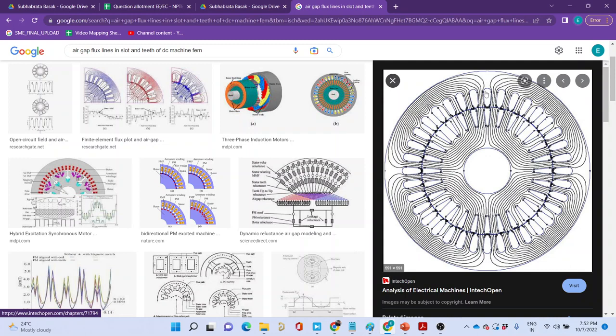In the second picture, you draw the flux lines for the conductors only, saying there are no poles. Forget about the poles and just show the flux lines because of the conductor carrying current. And then in the third picture, you draw the resultant of the flux lines.